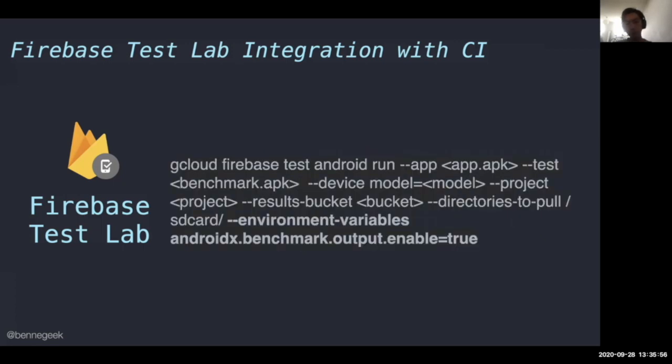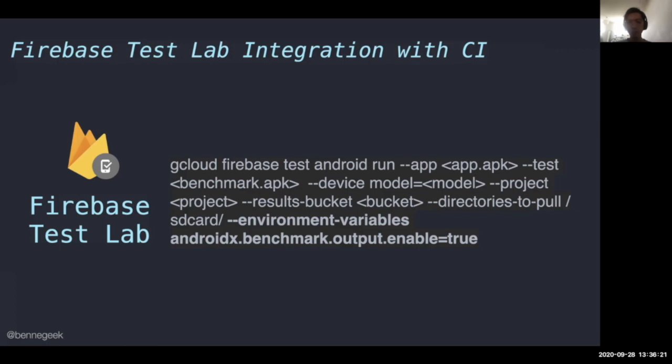So this is the command that we use to run the benchmark in Firebase Test Lab. First you have gcloud firebase test android run, and then you supply the app APK. It doesn't really use it, I think, but you need to supply it anyway. And then you supply the test APK.